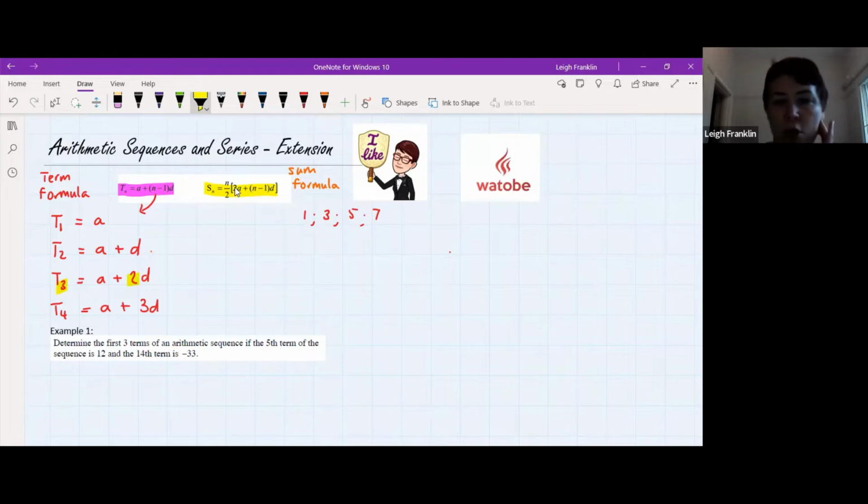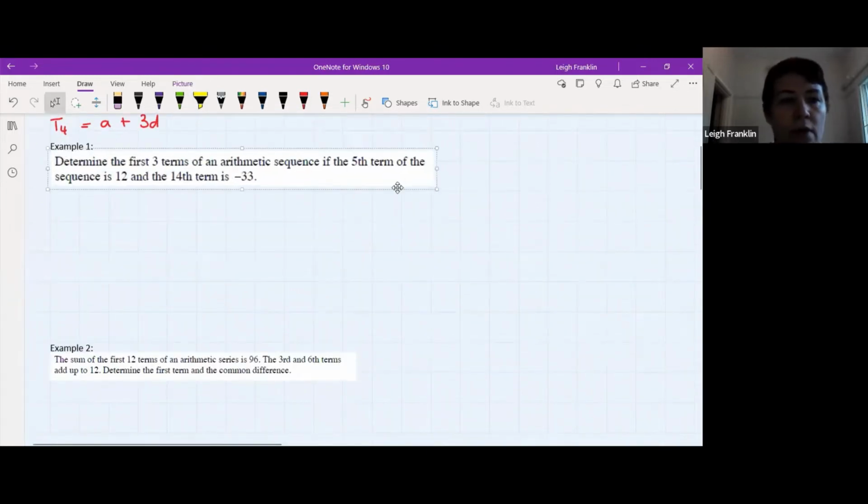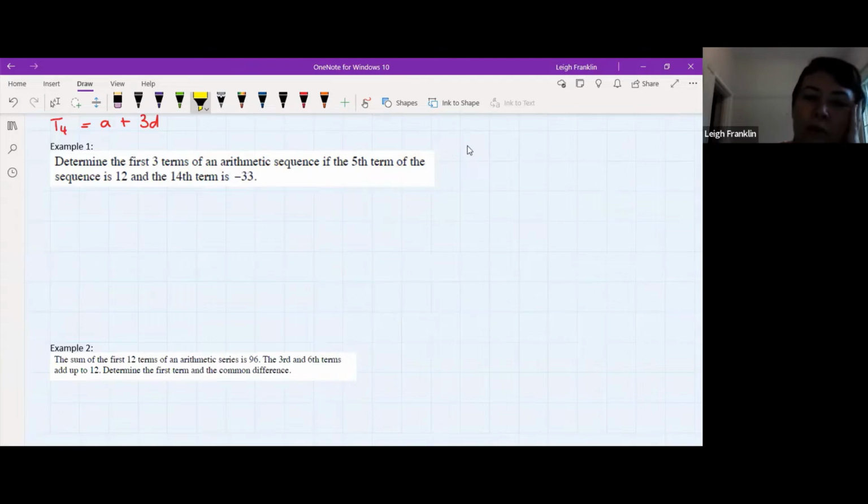Let's have a look at the first example. Let me just see if I can make it a little bit bigger because I think that's quite small. They have asked us to determine the first 3 terms of an arithmetic sequence if the 5th term of the sequence is 12 and the 14th term is minus 33. When we see a question like this, it wants us to use simultaneous equations in order to solve. So what we would do, matrics, is this.